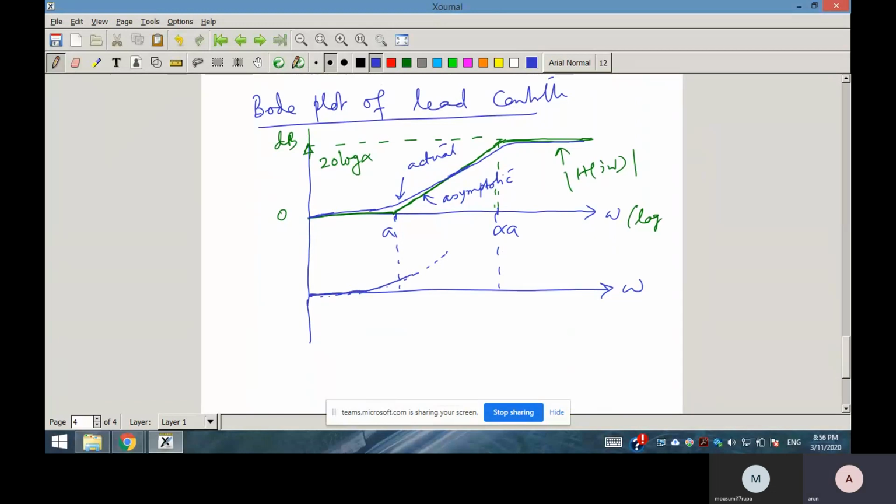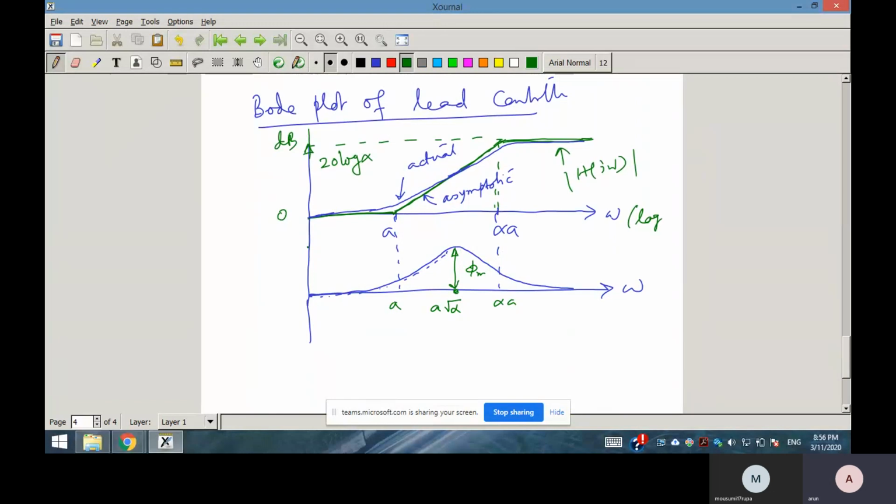This will be your phi m. This is your A, this is your alpha A, and this is your A root alpha, that means the geometric mean of A and alpha A. That is the frequency at which it gives the maximum phase.